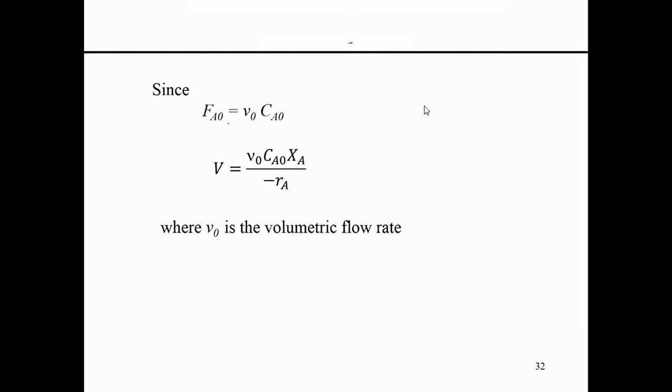Since FA naught is equal to V naught times concentration CA naught, you can rearrange this and substitute the definition of FA naught. With this one, you get this, where V naught is the volumetric flow rate.